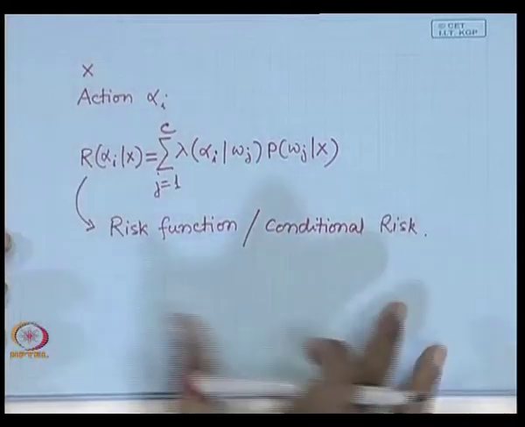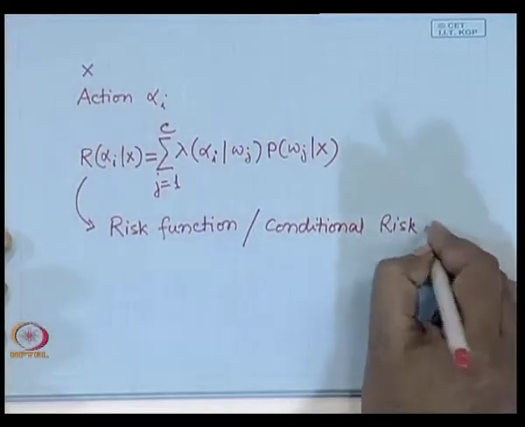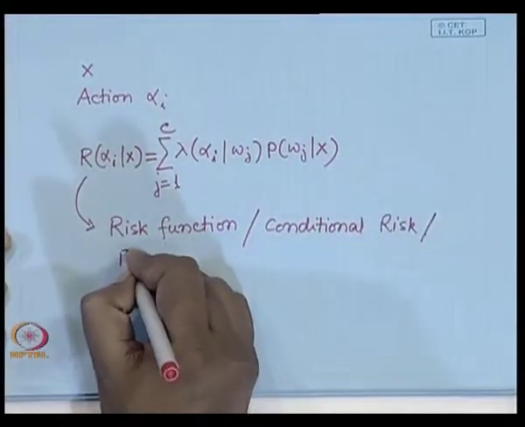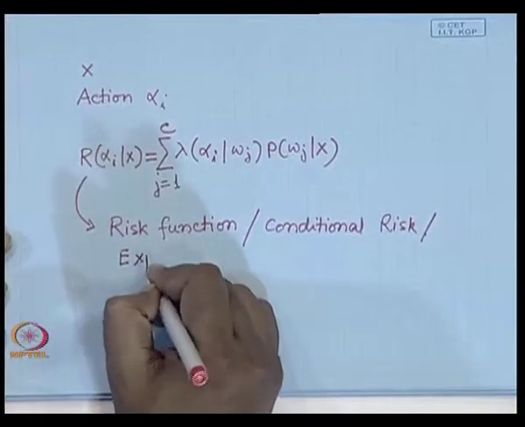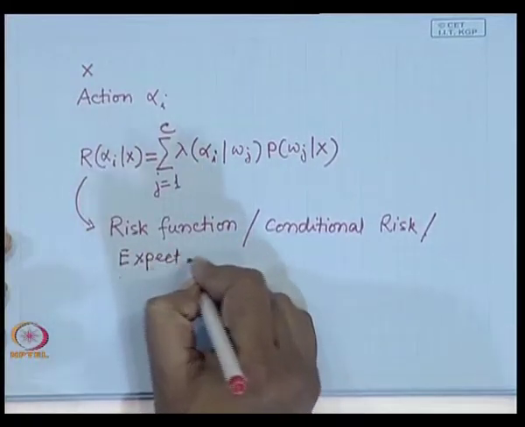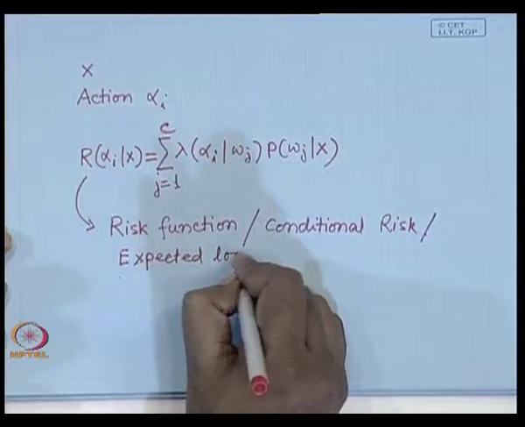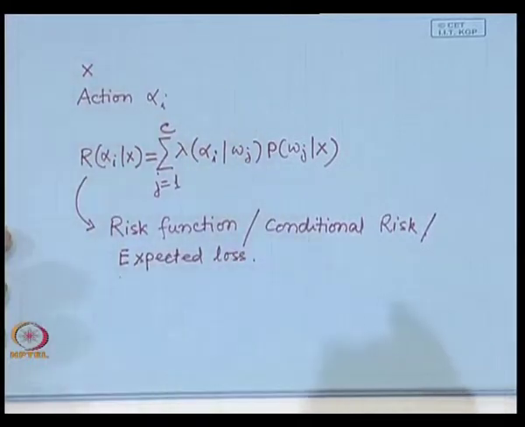Or it is also the expected loss. So, for any decision or any action alpha i that I have to take, I have to take that particular action for which this risk is minimum or the expected loss is minimum.